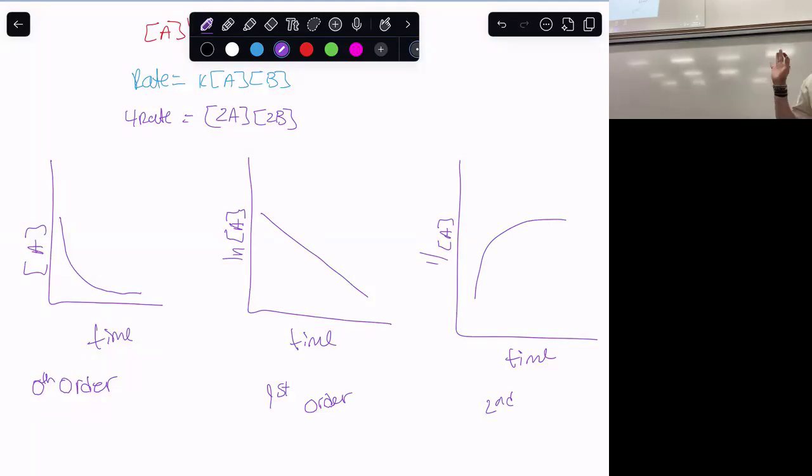The first order one. So what is the order for A? First, right? It's a first order reaction because the straight line plot is the one that has the first order kinetics. Anytime there's just the change in A over time, it's always going to be zero order.